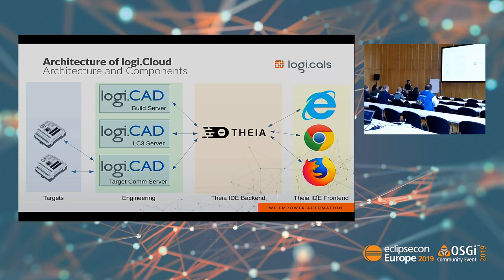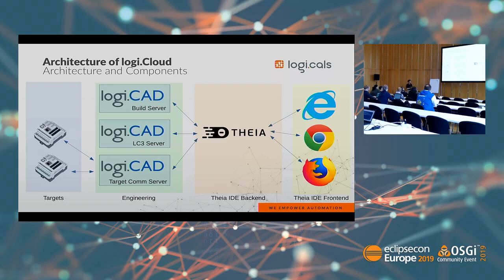So this is a very, very high-level view of the architecture of Logical 3 being usable in a cloud. On the right-hand side, you can see web browsers, which are the typical front-end for the PLC developers in the future. They run the Theia front-end, and the Theia front-ends are connected to the Theia backend, which is already running somewhere in the cloud.